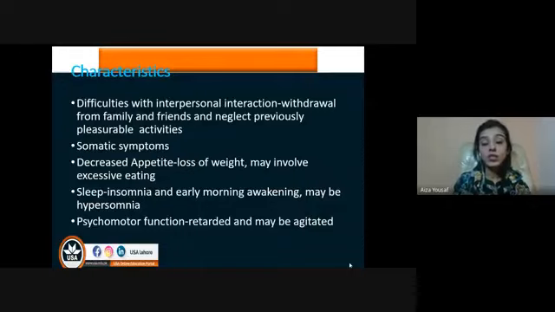In some patients, it may present as insomnia, lack of sleep, or early morning awakening, or in others it may cause hypersomnia, excessive sleeping. It all depends upon the personality traits of individuals. Psychomotor function may be retarded or may be agitated.